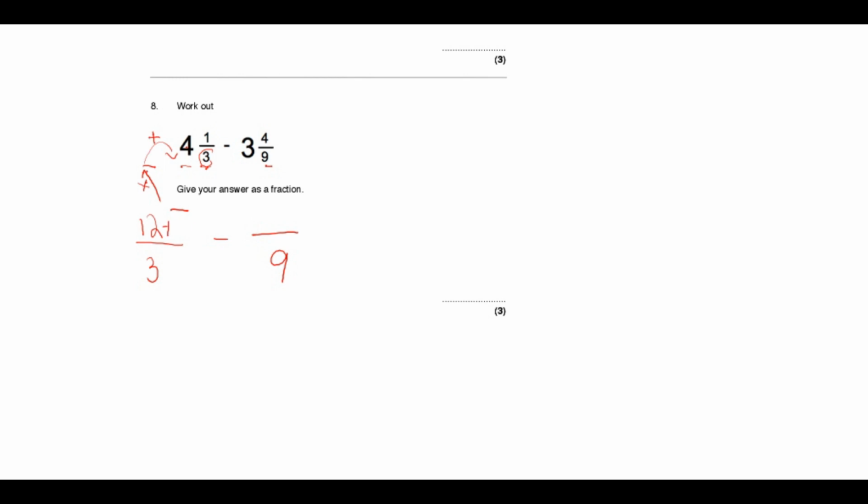Okay, so 9 times 3 is 27, and then you have to add 4 in this. So what answer are you going to get? 13/3 and 31/9. Okay, so here is your mixed fraction answer.